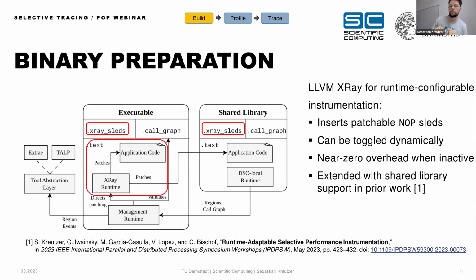So how that looks in the binary, we have this ELF section with the X-ray sleds. Then there's an X-ray runtime linked into there, where we can tell this runtime which functions to patch. And also in the shared library, we have the same thing mirrored. So we have this list of X-ray sleds containing the instrumentation points. And we can tell this shared library also where to insert these points.